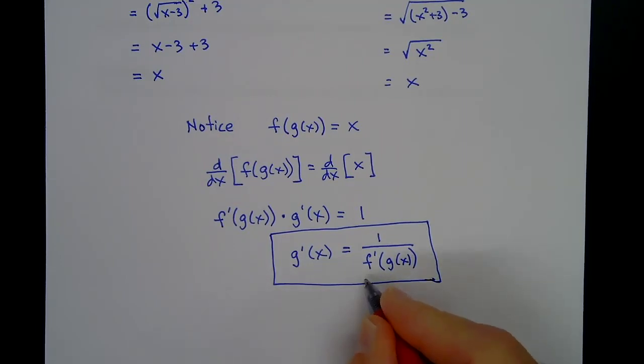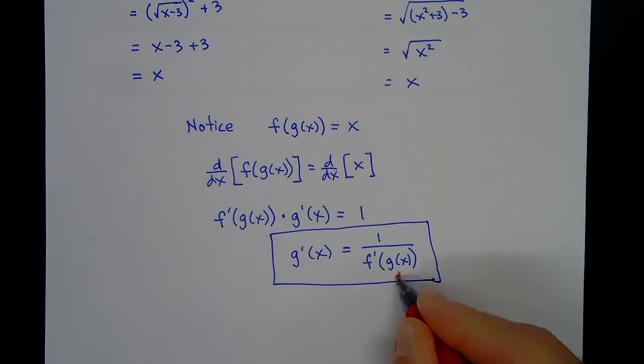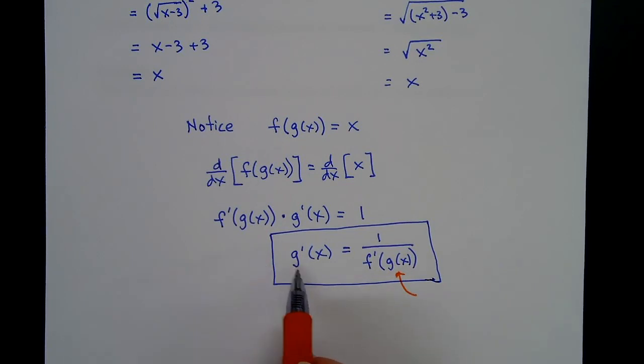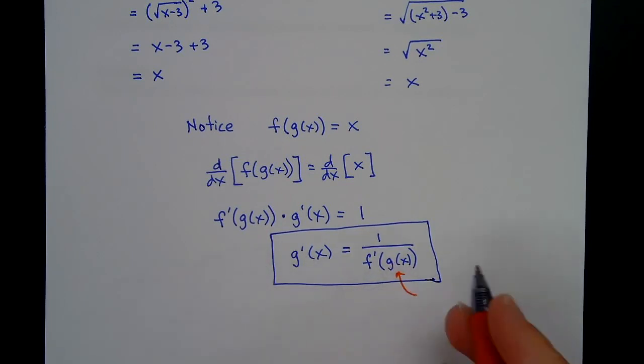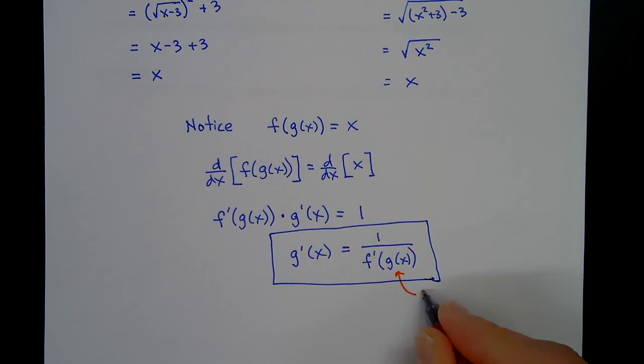So this inside piece is the function we're trying to take the derivative of. So g prime, right? Here's g, okay? So the inside function here is the function we are trying to take the derivative of.